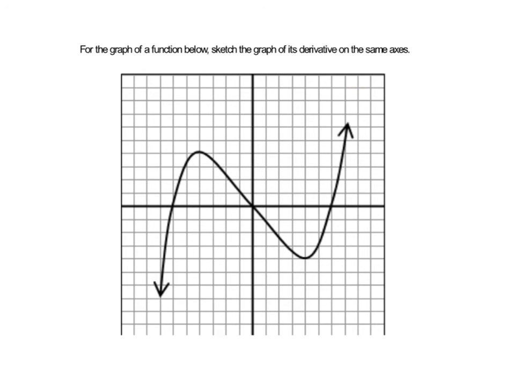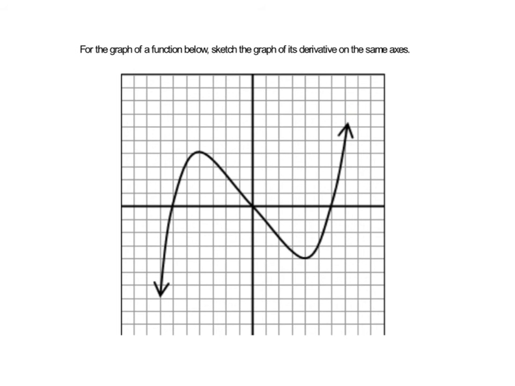All right, so remember, as a function increases, the slopes of the tangent line will be positive. At a maximum, the slope will be 0, or on the x-axis, and then as it decreases, the slope of the tangent lines will be negative, and then as it increases, the slopes of the tangent line will be positive.